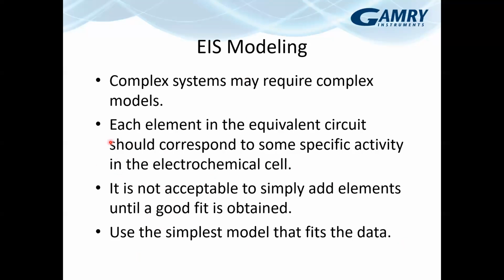There is a corollary to this: a lot of times you know that you have complex activity that does not get reflected in the actual EIS spectrum, and so you can't effectively model that complex activity. You really want to use the simplest model that fits your data, unless and until you get more information that allows you to isolate some of those things.